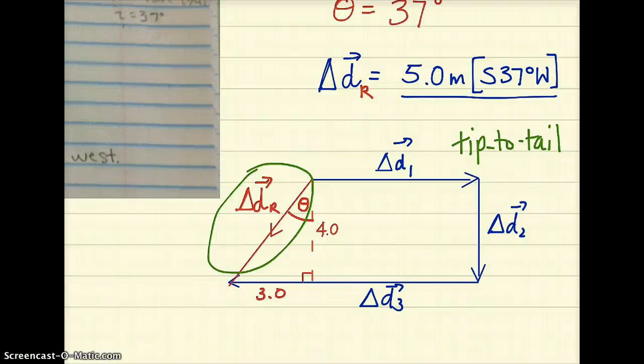So this delta dr here, that's not one of the displacements we started off from. That represents the sum of them. So I tend to use a different color. I've used red for that vector just to distinguish it from the individual vectors we started off with. And rather than writing the arrow at the tip, I write the arrow in the middle. And there's no particular reason for that other than it does distinguish it from the other vectors more easily.